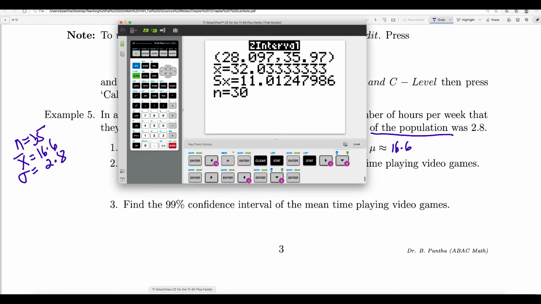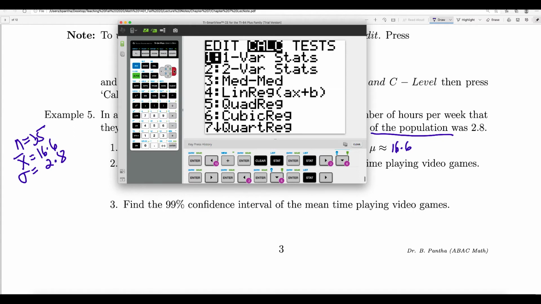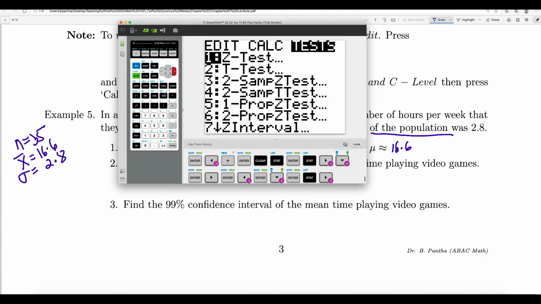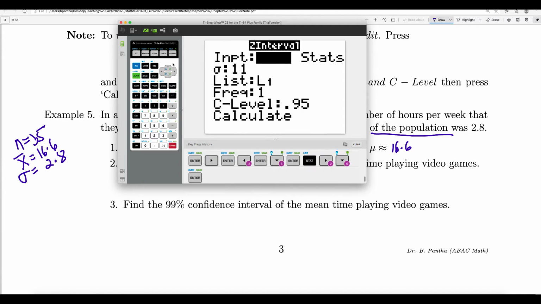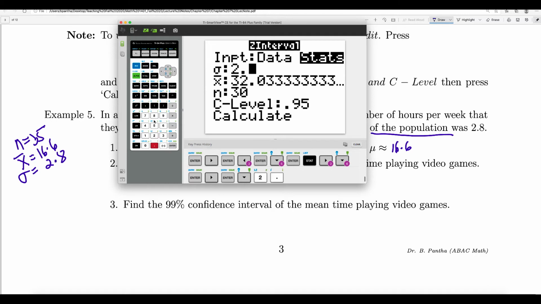Here the data is not given, the statistics are given. So how do I do that? Go to stat and then test, and then go to the Z interval, because sigma is still given. Now instead of data we need to go to stats and then hit enter. What is our sigma? Sigma is 2.8. What is our x bar? It is 16.6.